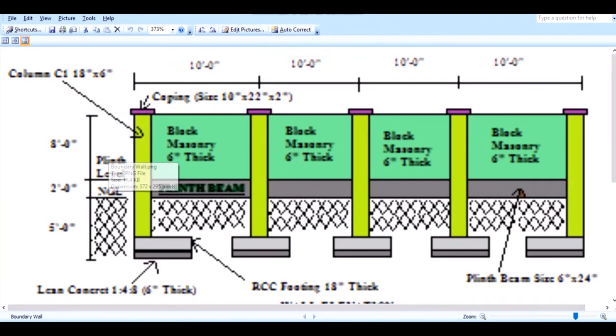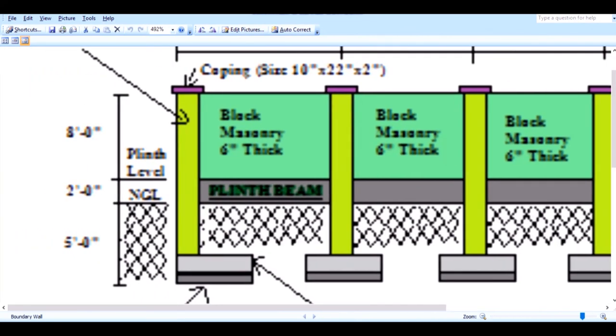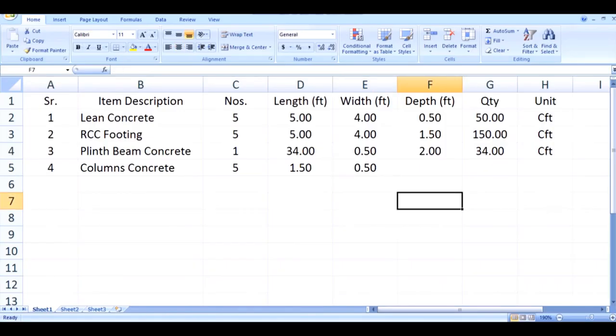The depth of the column is 8 feet plus 2 feet plus 5 feet. You can see on the left side the depth of the column is 8 feet plus 2 feet plus 5 feet, and from this depth we will deduct the thickness of lean concrete, which is 6 inches thick, and the depth of RCC footing, which is 18 inches thick. So come back to the Excel sheet.